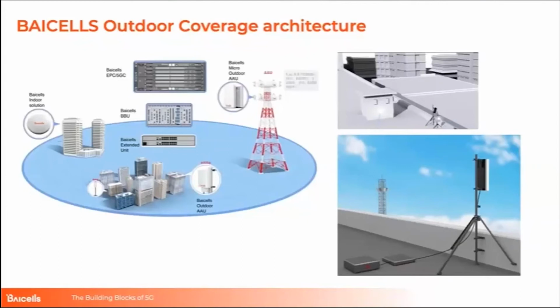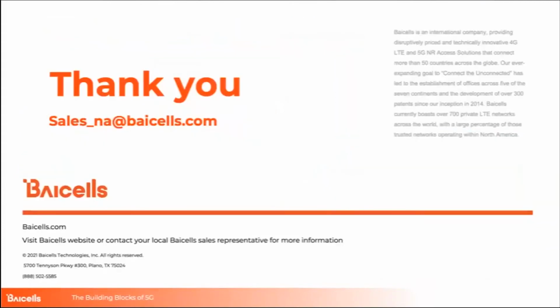Our BBU can talk to outdoor and indoor radios, and we do offer end-to-end solutions from OMC, BOS, and the RAN parts. So that's all for me. I'm open for questions.